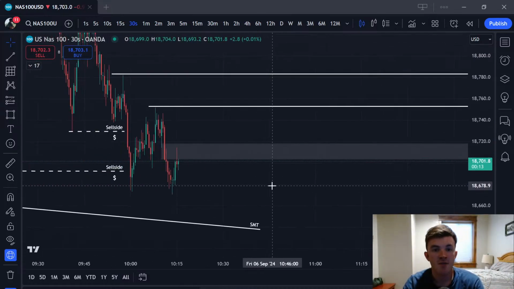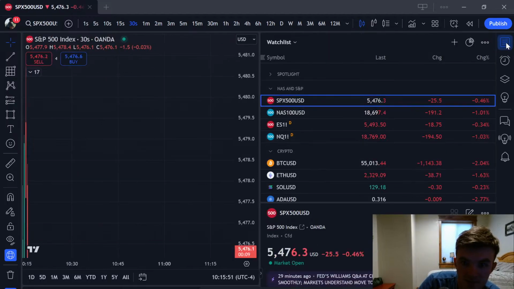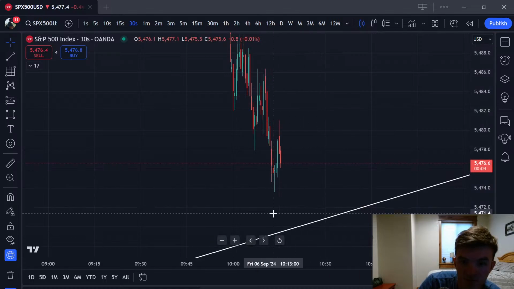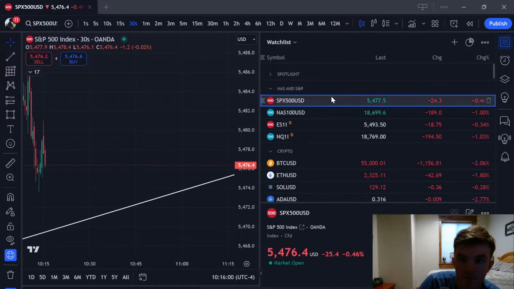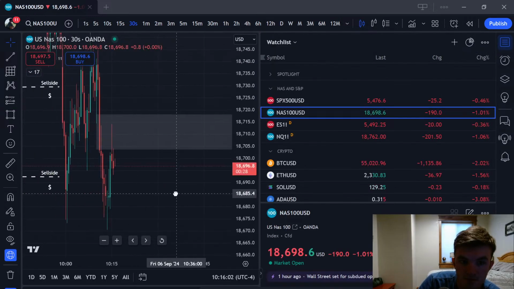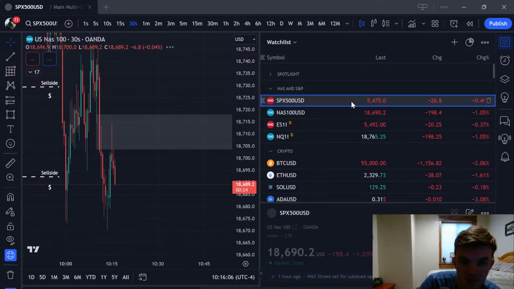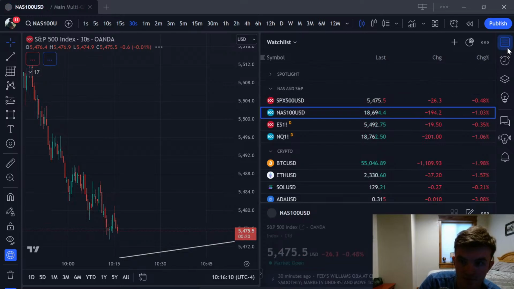So I think if we get this inverse, it'd be pretty good. Is this an SMT? 10:13, lower low. They're both lower lows.